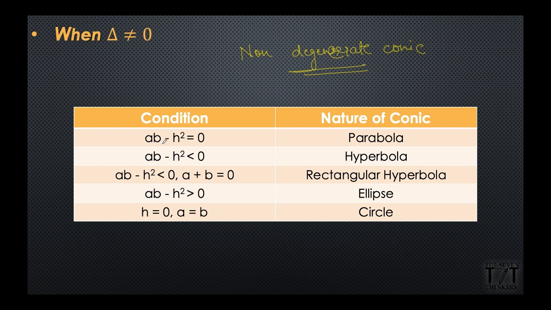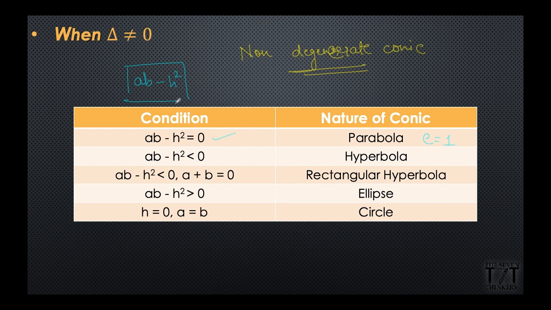That is AB minus h square. The dependency on AB minus h square gives out the nature of conic. You just need to learn the AB minus h square term, and I'll give you a method to memorize these conditions. Since we know that for parabola e is equal to 1, the opposite of 1 is 0.